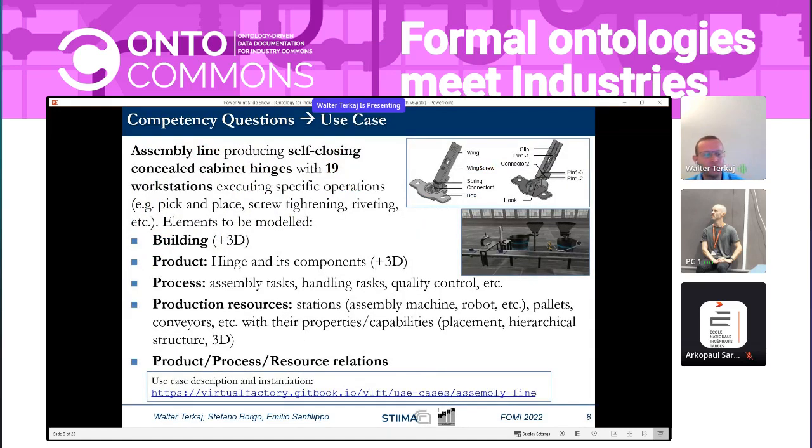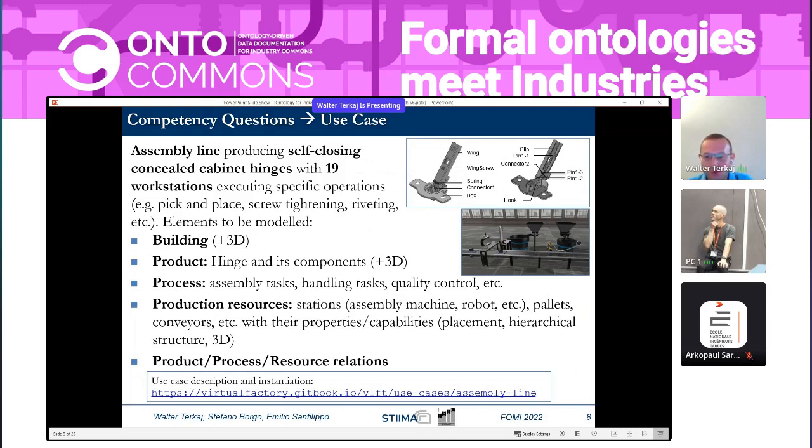Then, still related to competency questions, still making an effort to make things as practical as possible, we focus our attention on a specific use case that is the result of other research and project activities. In particular, this is about an assembly line producing a hinge for pieces of furniture. So I think that most of you know what it is about.